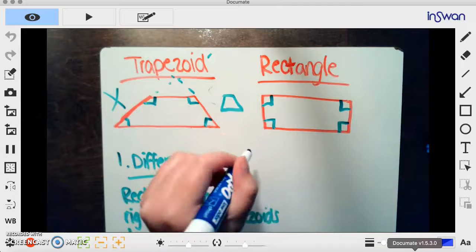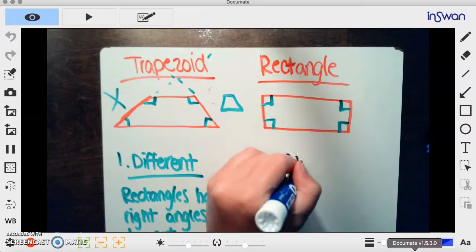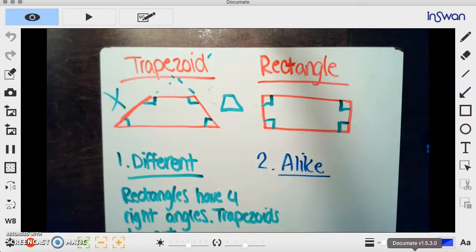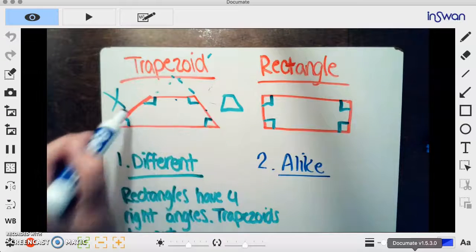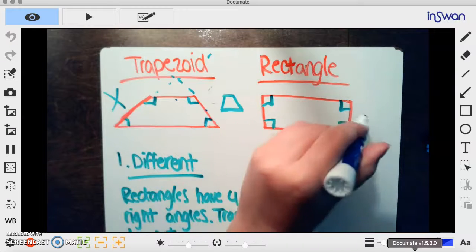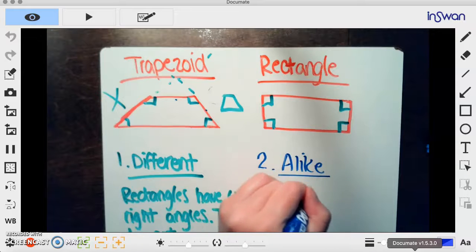So for number 2, how are rectangles and trapezoids alike? Well, I'm noticing that a trapezoid has 1, 2, 3, 4 sides, and a rectangle has 1, 2, 3, 4 sides. So they're alike because they have 4 sides.